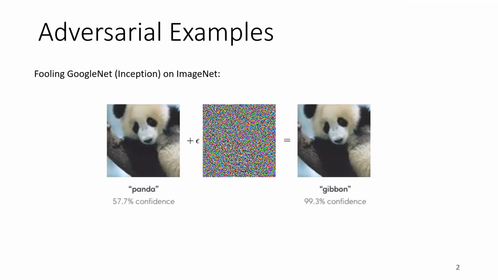Previous research found that most machine learning models lack robustness.